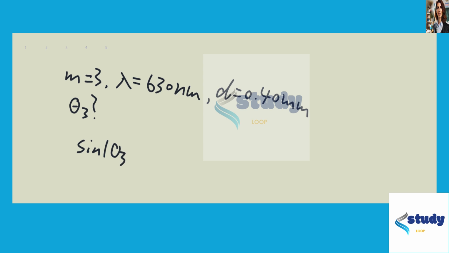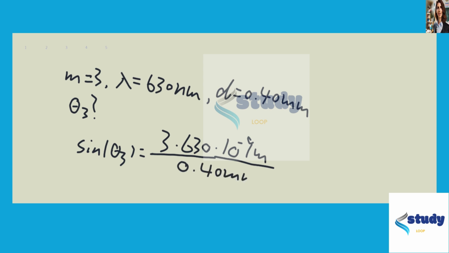Sine theta 3 equal to 3 times 630 times 10 to the negative 9 meter divided by 0.40 millimeter, in other words 10 to the power of the negative 3 meter.